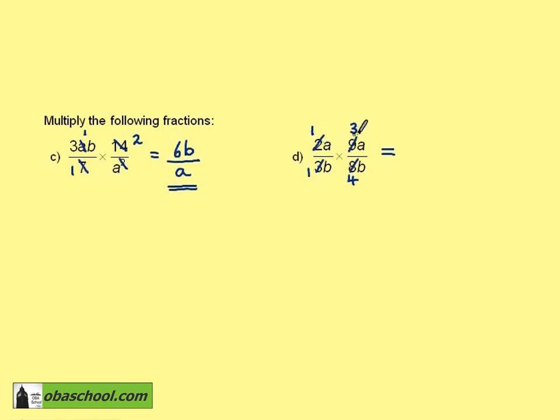We have a times 3a on the top. a times 3a would be 3a squared. So the top is 3a squared. On the bottom we have 1b multiplied by 4b. b times 4b would be 4b squared.